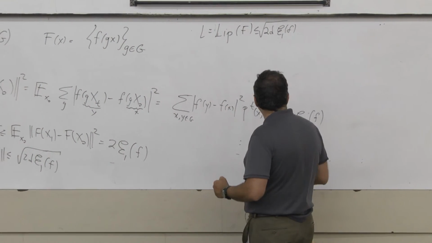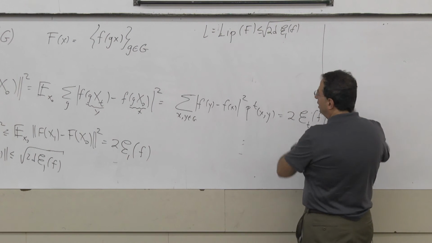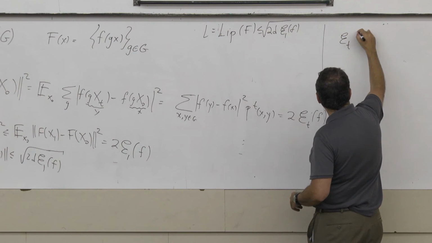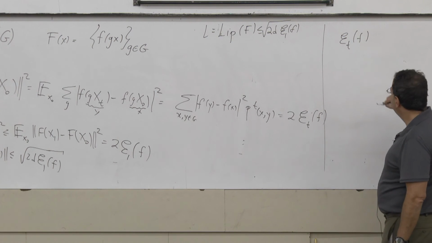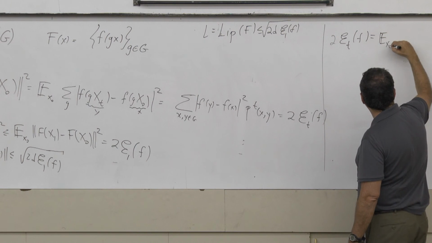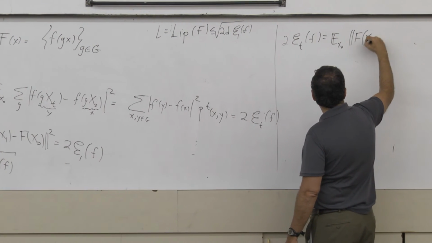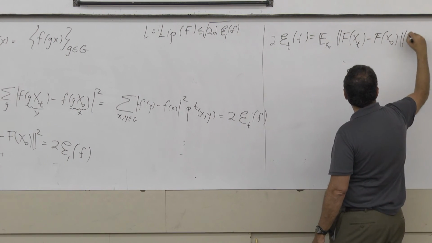So now we're going to use that. Let's take this calculation. So I write it again, twice Et of f is equal to the expectation of norm f(xt) minus f(x0) squared.